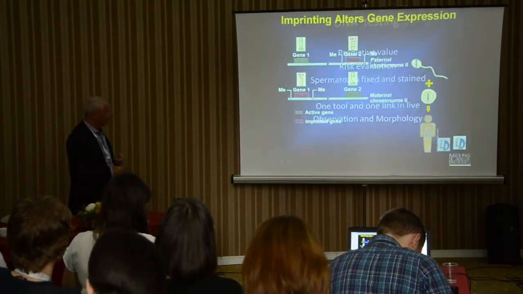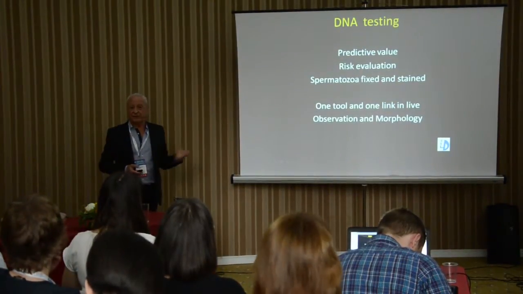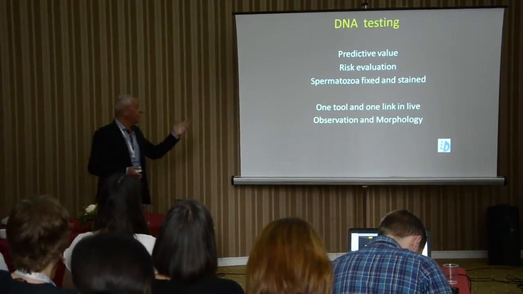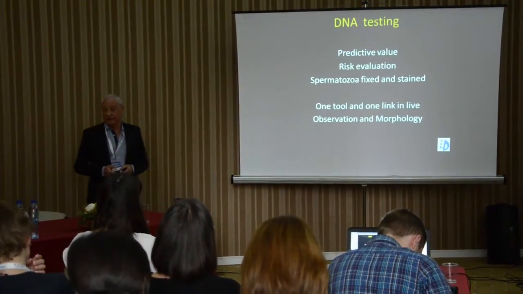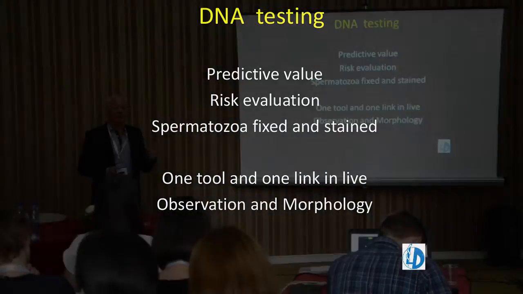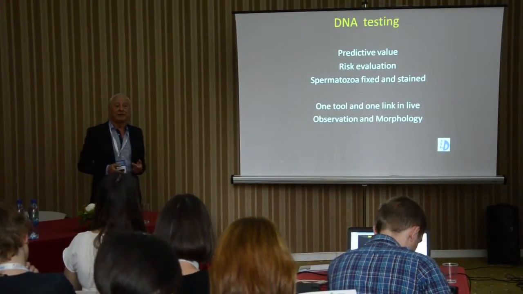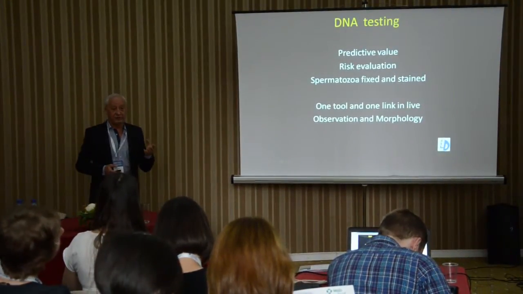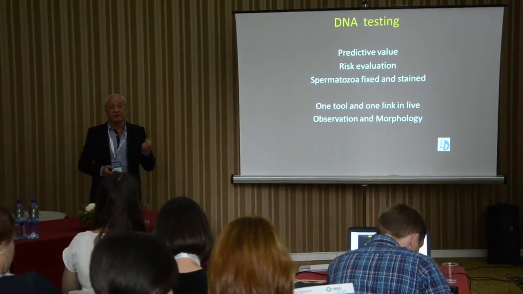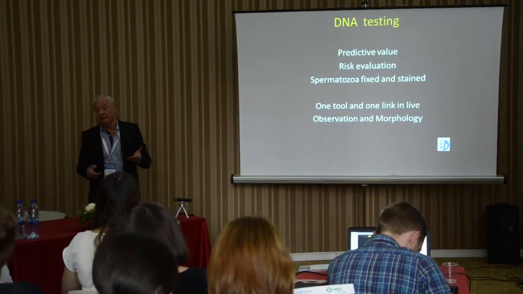This is a consequence. Now, this is a theory. When you are in the lab, it's absolutely different. This is to understand what happens. And we know that we have many DNA tests. We can have an exploration with the DNA fragmentation, sperm chromatin decondensation, and you have an evaluation of the methylation. But you never have a real test, and you cannot use the sperm because the sperm is stained, it's fixed, it's dead, and you cannot use it.